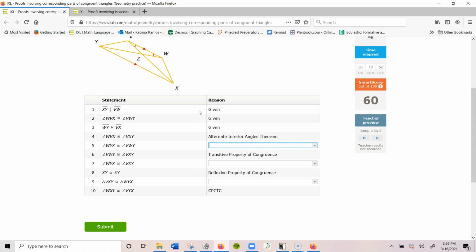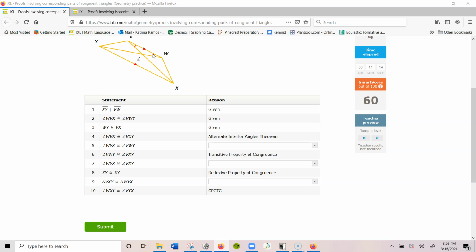Okay. Now here we have that angle WYX is congruent to VWY. So WYX. Okay, so we have this angle here and then this angle here.